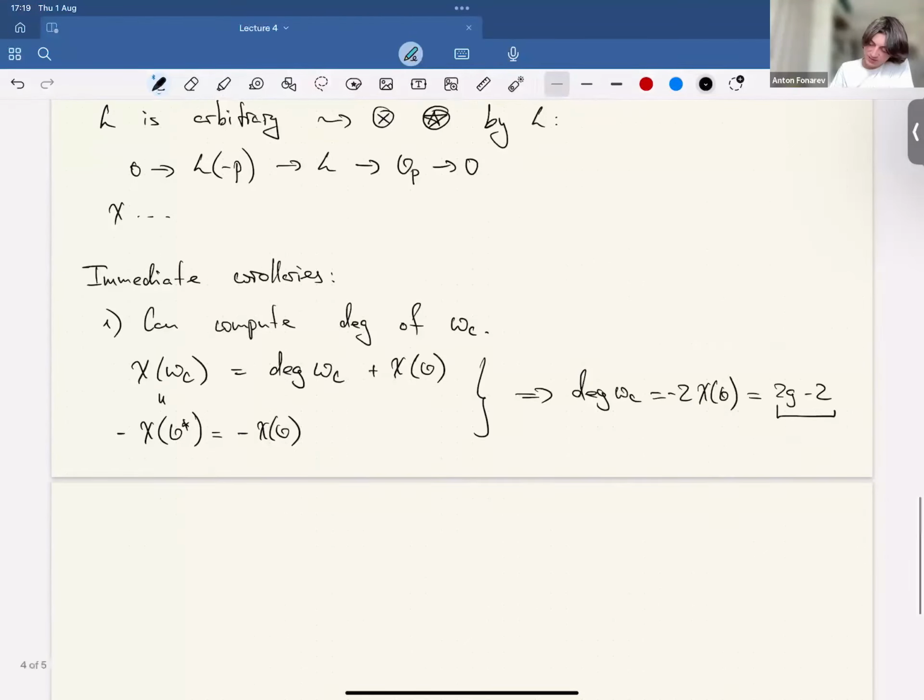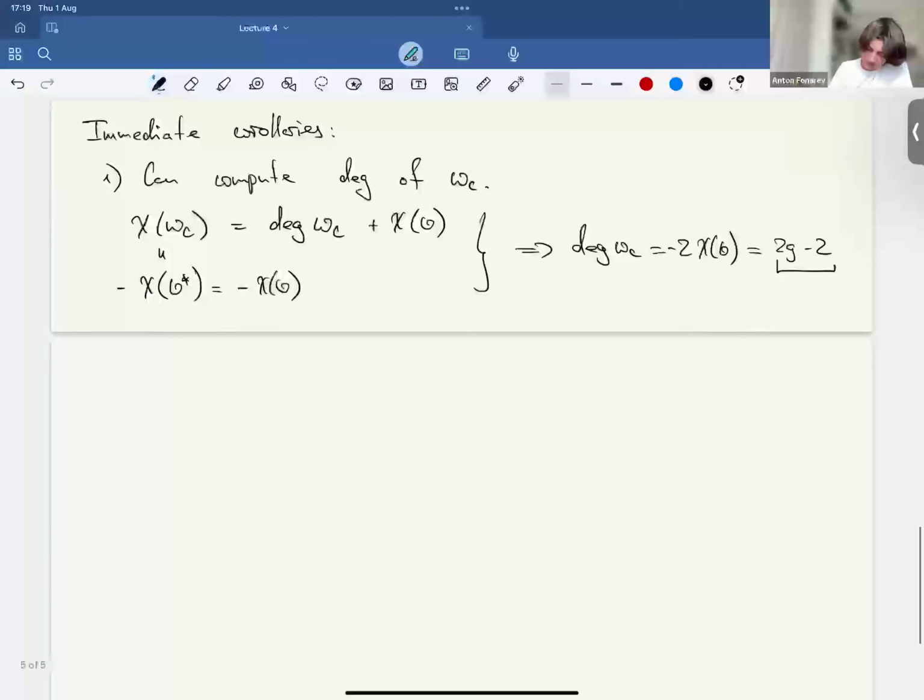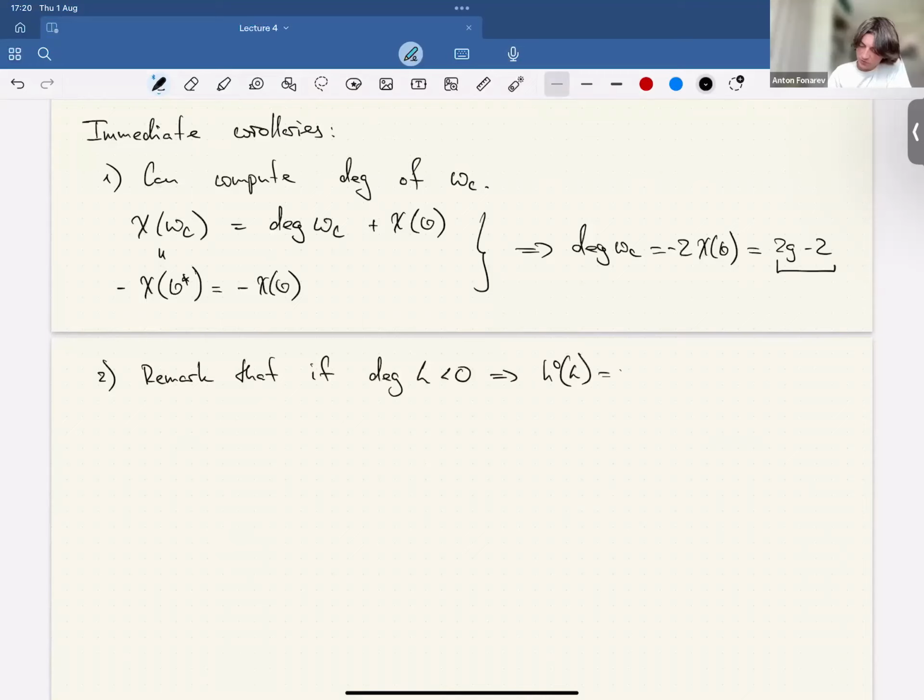And then from the next step, with this, here's a very simple observation. Remark that if the degree of L is less than 0, then H naught of L equals 0. So why is that?